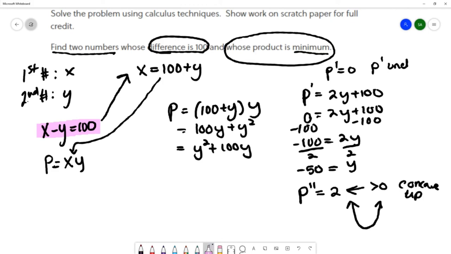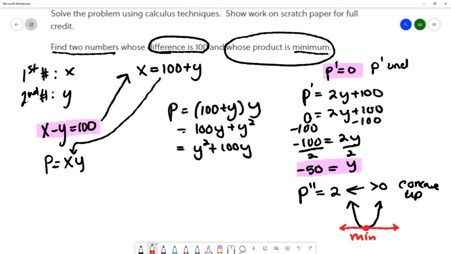And that information combined with having a critical number, which is when the derivative is equal to 0, means that we have a horizontal tangent line. Horizontal tangent line combined with being concave up means we have a minimum.